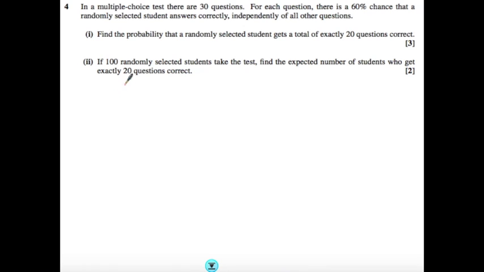So we can call X the number of questions the student gets right, and that's going to be distributed binomially with n equal to 30 and p equal to 0.6. You've got the formula for this in your formula books as well, with your tables. So we want the probability that X equals exactly 20.